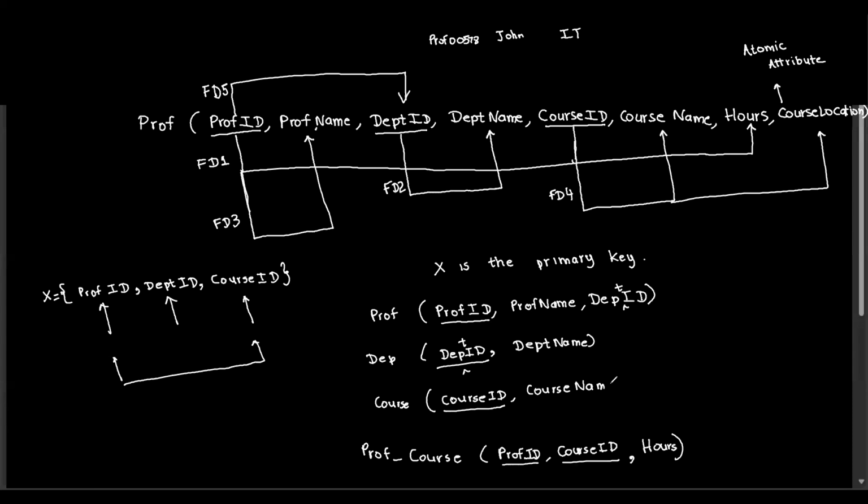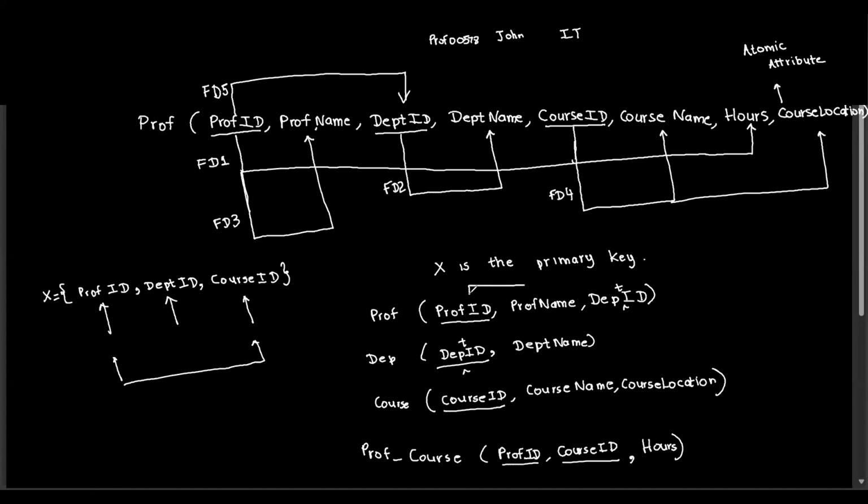We have to also add course location. In this specific university, every course is conducted in a specific place. Or else the proper functional dependency, prof ID, course ID functionally determines course location, would make sense. But in this case, they are saying course ID functionally determines course location. Keep that in mind.